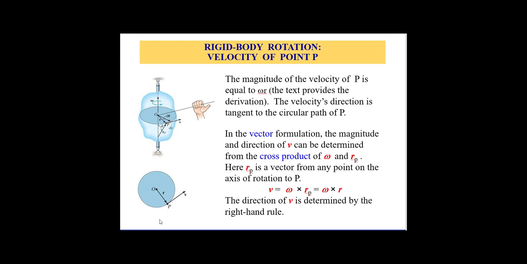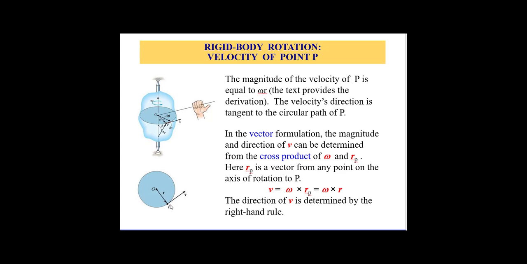Now, let's take this 2D example. If we are mapping point P of this rigid body, which is rotating, let's say counterclockwise, then the velocity of P is simply tangent to the path, which is v here.